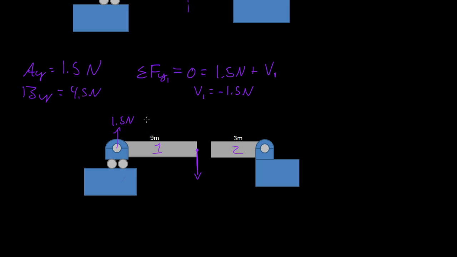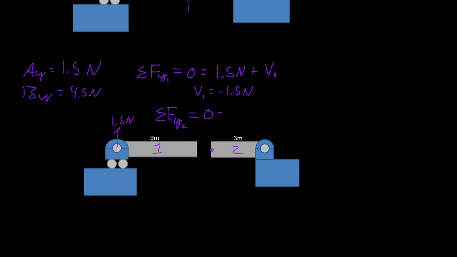Now, if we treated this right here as our origin, and I'm running out of time, so we'll just continue on. Let's find this shear. So let's do the summation of the forces of block 2.